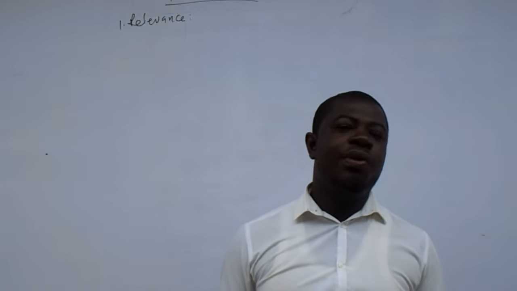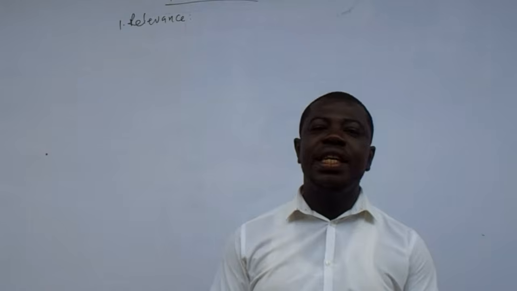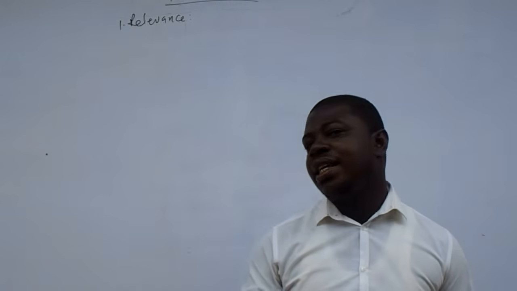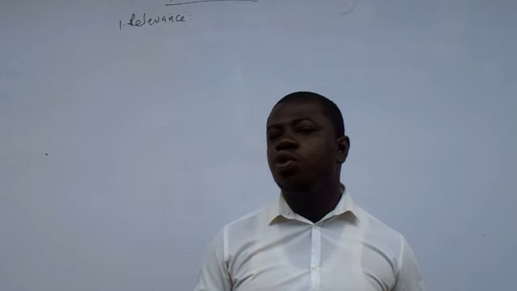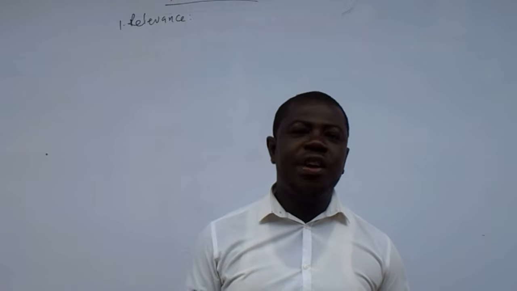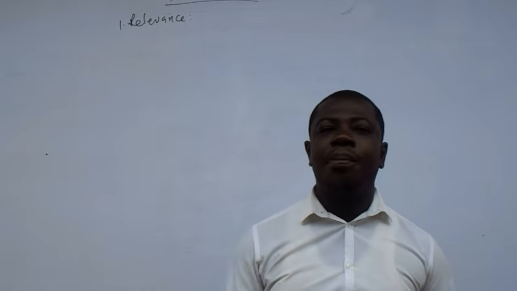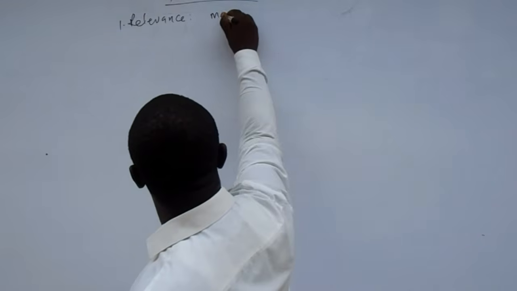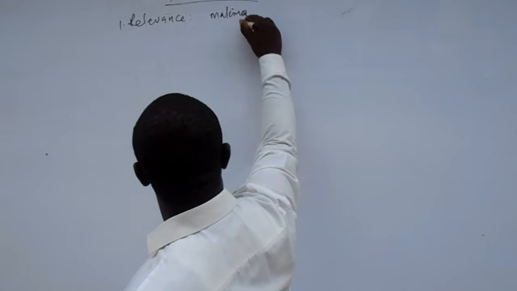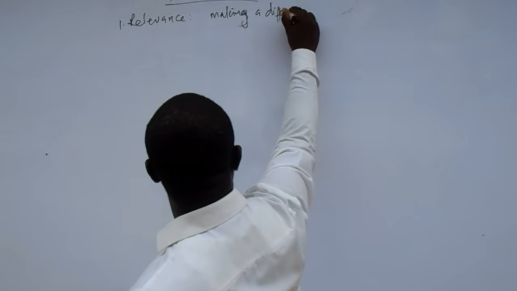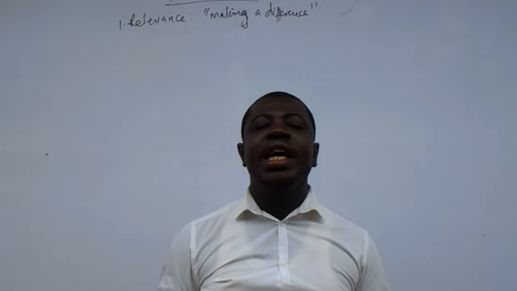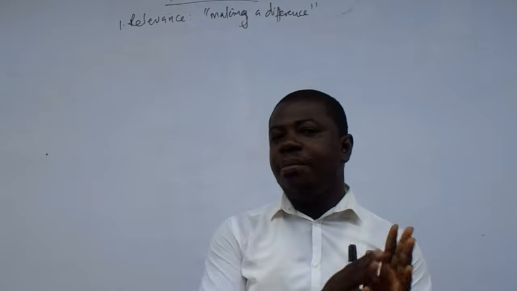So what we mean by relevance is that it must serve the needs of the user. Now, also, relevance professionally is defined as it should be able to make a difference. So relevance means that financial information is capable of making a difference in the decisions that are being made.